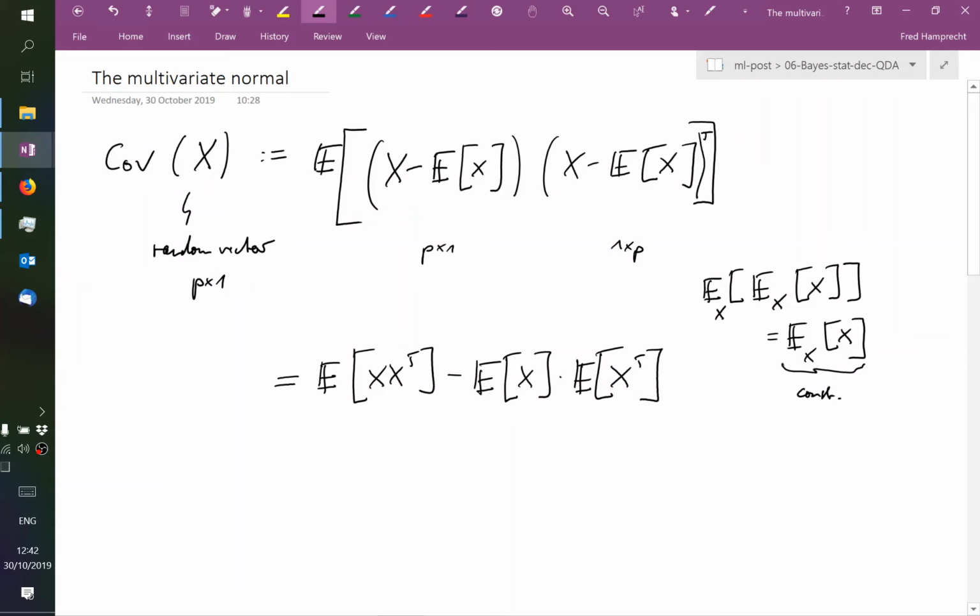Good. Then the covariance of some matrix A times x, where A is some matrix, so this is an affine transformation, and this is again a random variable, is A times the covariance of x times A transpose.